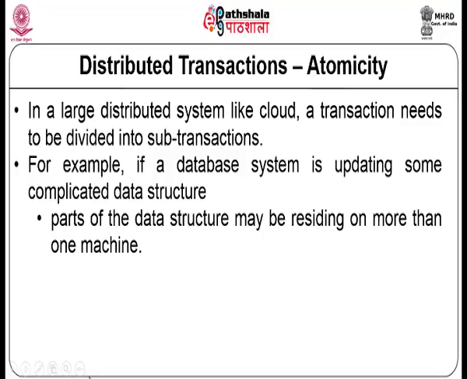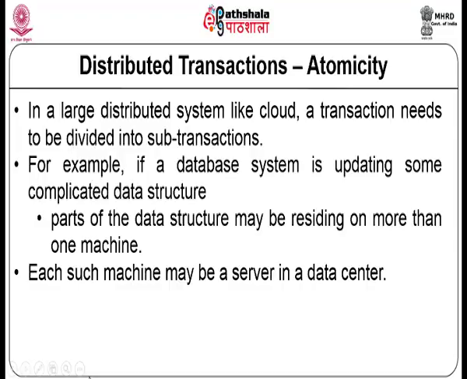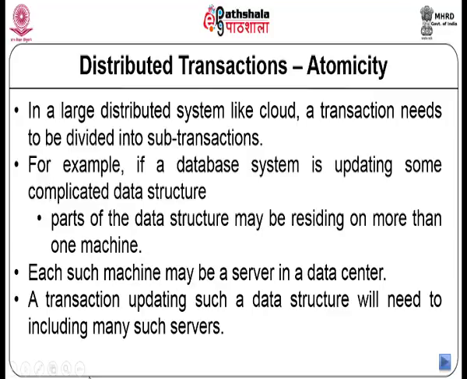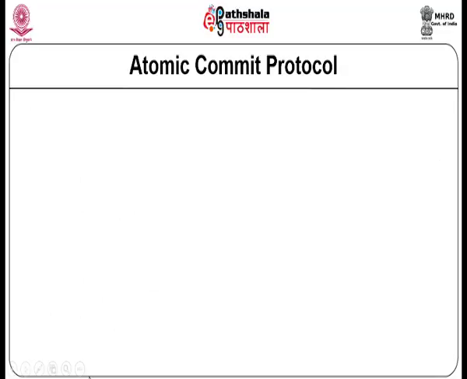Different parts of this data structure will reside on different servers, each such machine being a server in the data center. These servers will be spread all over the place, and a transaction updating the complete data structure has to access various servers to do it. A typical way of doing this is known as the atomic commit protocol.